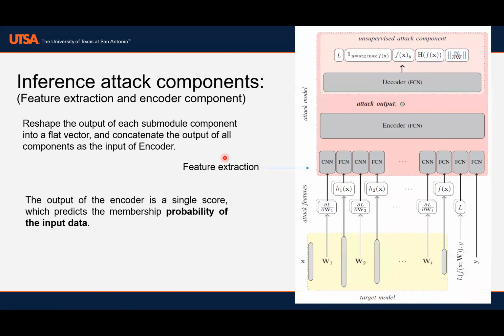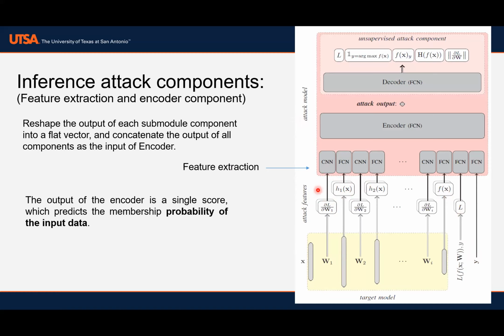Here is an inference attack model. They have 2 components. The first one is feature extraction, and the second one is the encoder component. The gradient, activation functions, output, loss and label could be the input of the attack model.